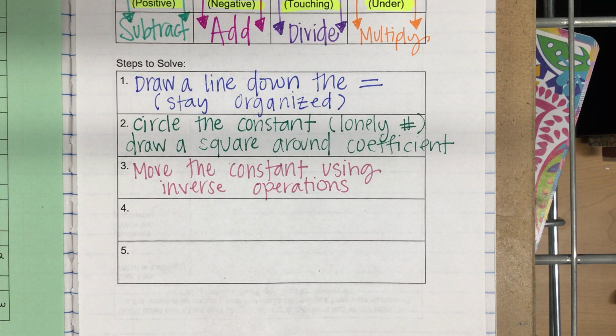Step 1, draw a line down the equal sign. Step 2, circle the constant, draw a square around the coefficient. Step 3, move the constant using inverse operations. What are inverse operations? What does that mean? Opposite. So if it said plus 3, what would you do? Minus 3, subtract 3, good.